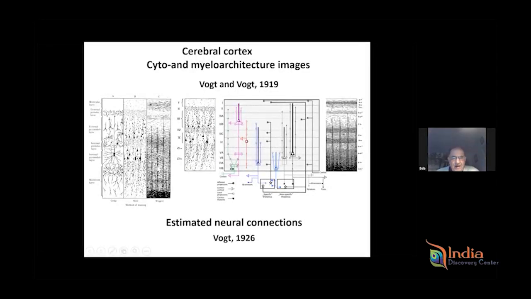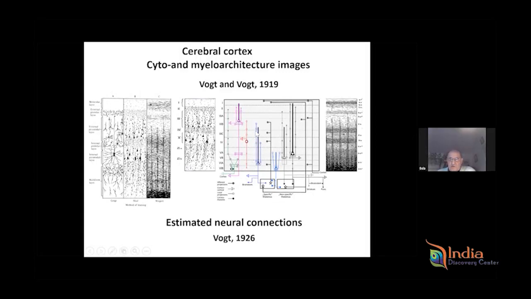But the myelin staining shows a vertical image. Of course, the thought was, so many neurons, and the myelin connects these neurons to each other. So how is the brain functioning?